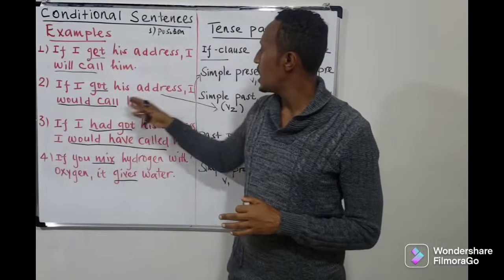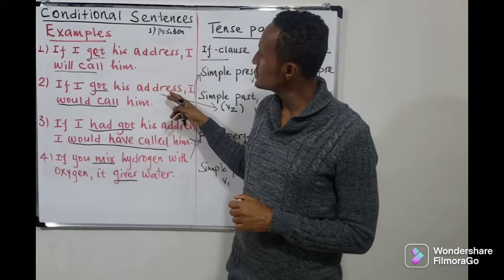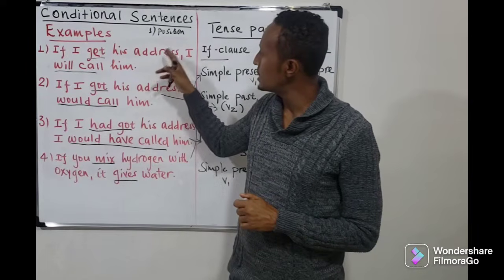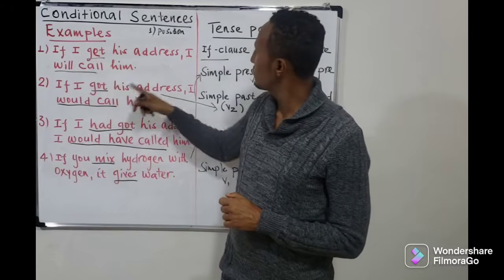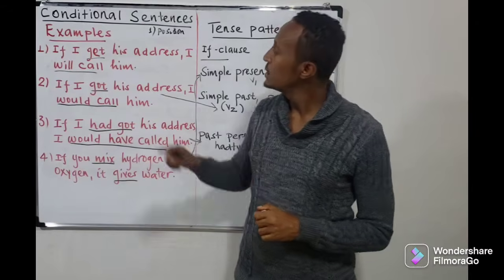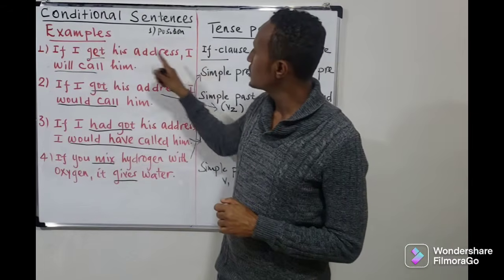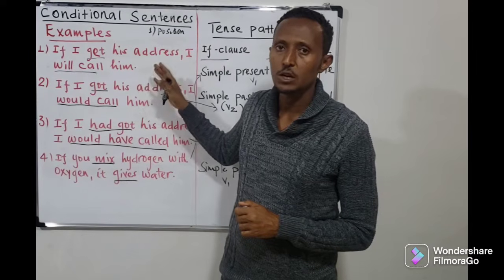You can have "I would call him if I got his address." The difference when we change the positions of main and if clause is, if we bring the if clause at the beginning, we have a comma to separate it from the main clause. But if we place the main clause at the beginning, no need to have a comma between the clauses.